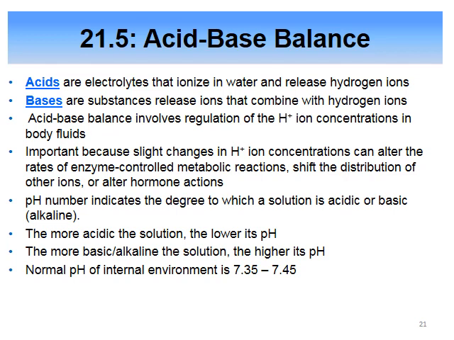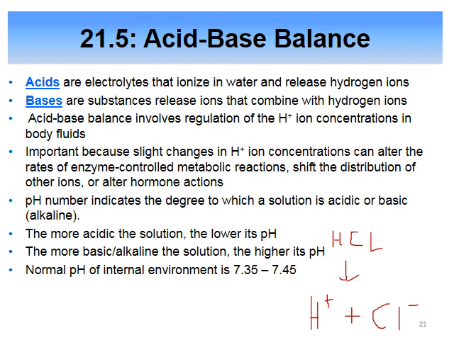So acids are going to be electrolytes that ionize in water and release hydrogen ions. So essentially, if you had HCl and you put it into water, you'd end up with H+ and Cl-.